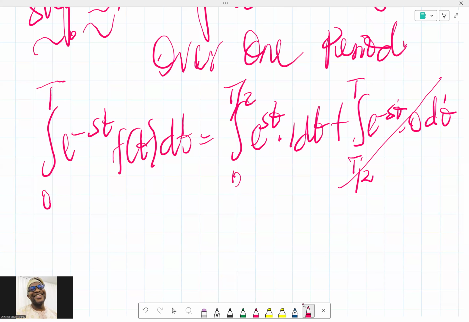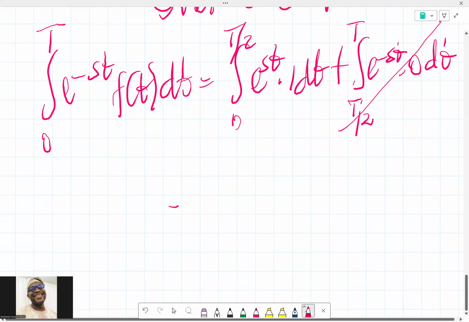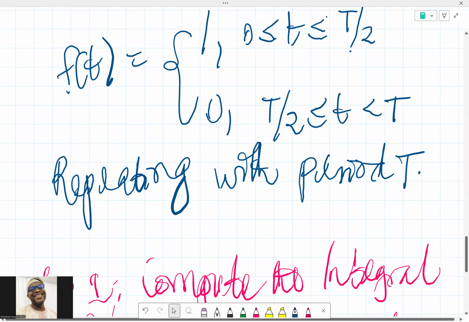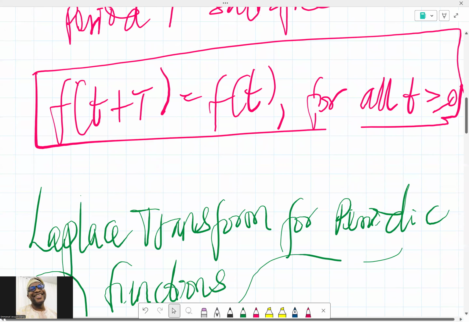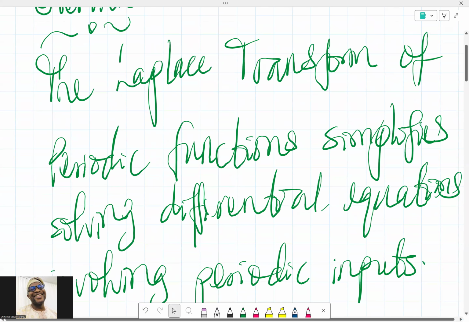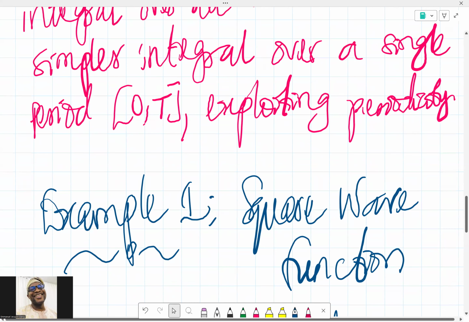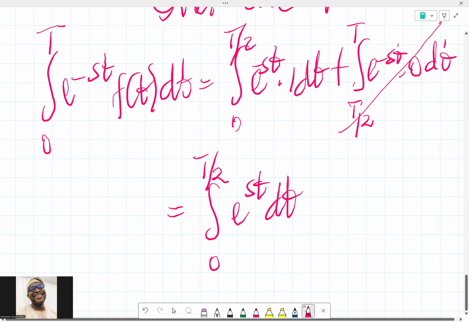Automatically the second part will be gone, so we are left with the integral from 0 to T over 2 of e raised to minus st dt. I hope that was the right thing I wrote initially; the exponent should be minus st.